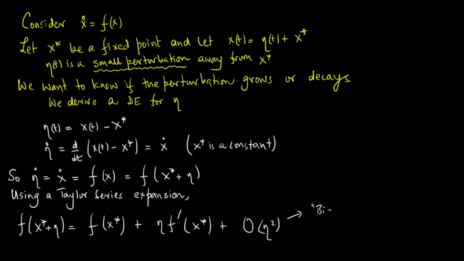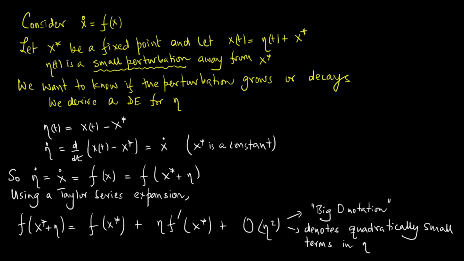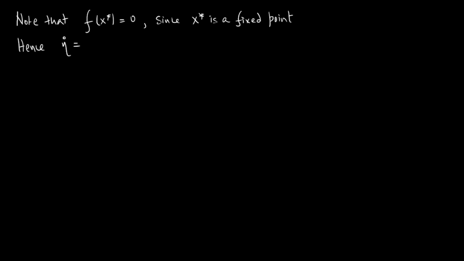Note that this is the big O notation, where this term actually denotes quadratically small terms in eta. Note that f of x star is equal to 0, since x star is a fixed point. Hence, eta dot is equal to eta times f prime of x star plus terms that are order eta squared.